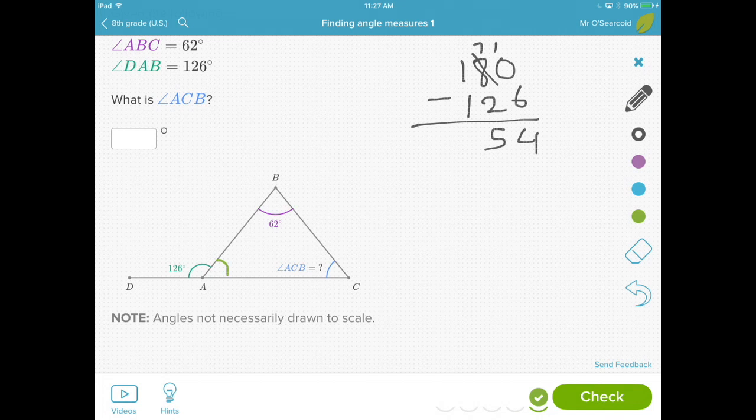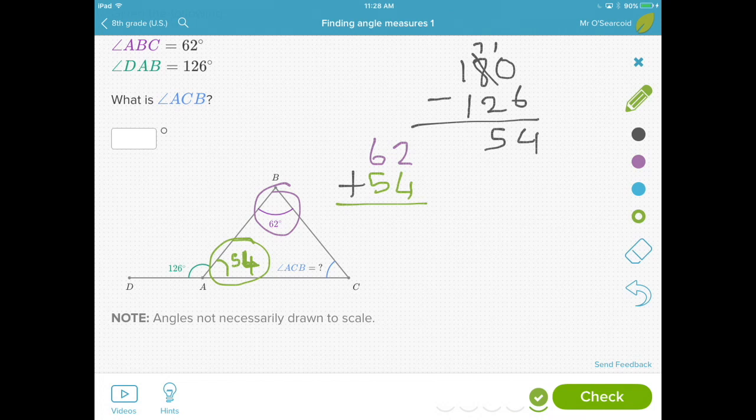54 degrees. And we have 54 degrees inside there, and we've got 62 degrees in the angle ABC, which means that we could add those together to find out what the measure of angle ACB is, because we know that the internal angles of a triangle add up to 180 degrees.